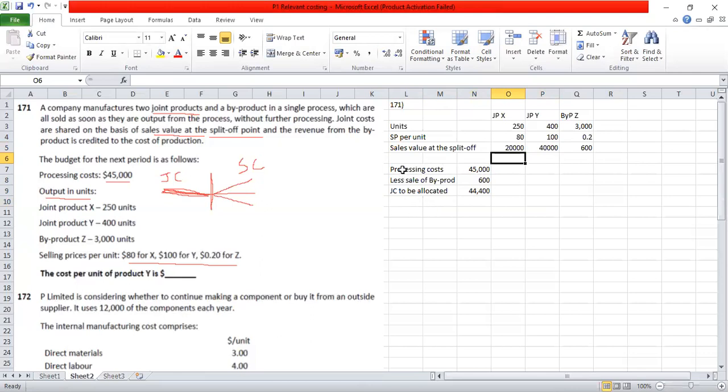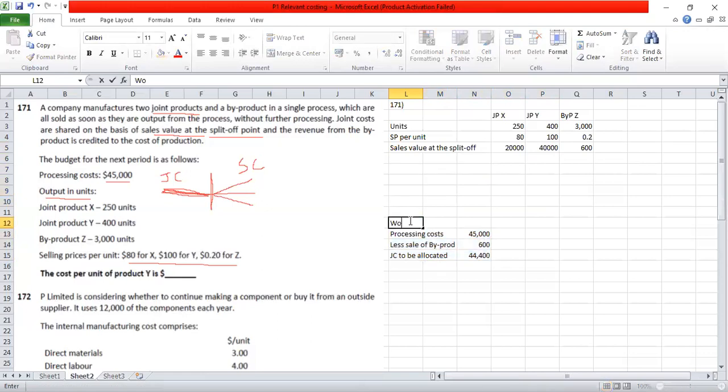So let's check this one. $44,400 into 1/3, isn't it? 1:2, so 1/3.